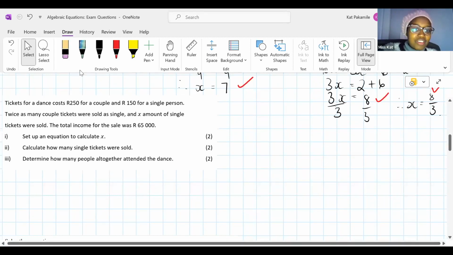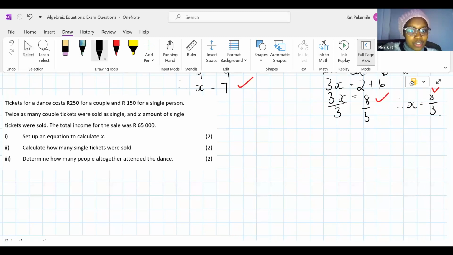Tickets for a dance. So in such a situation, I suggest you either highlight important information or you write it down. So it's 250 a couple, 150 single, okay? Twice as many couple tickets were sold as single, and X amount of single tickets were sold.